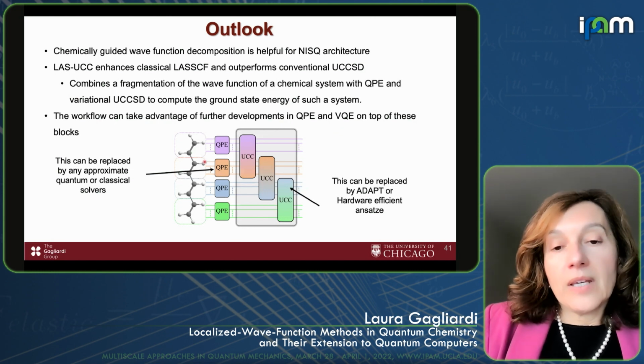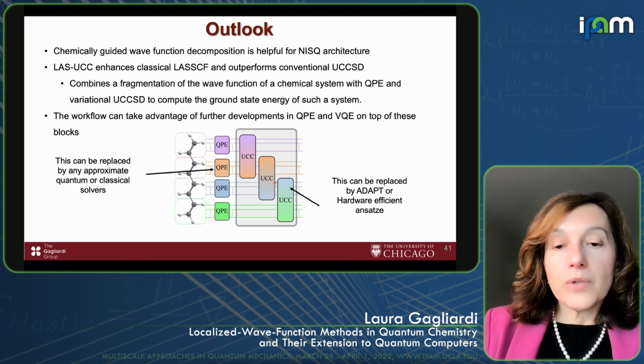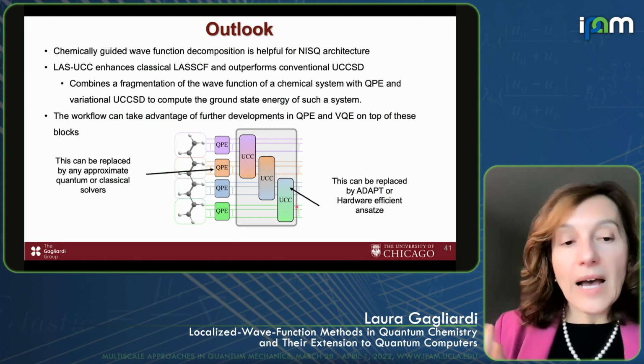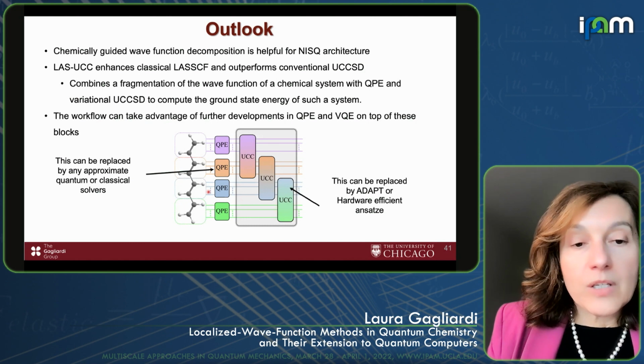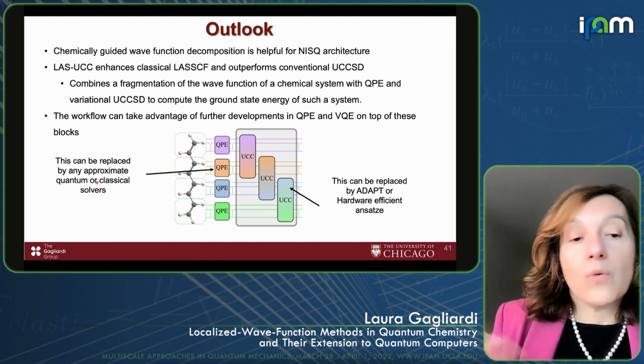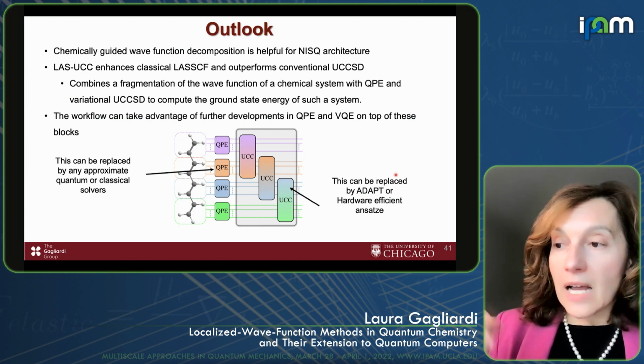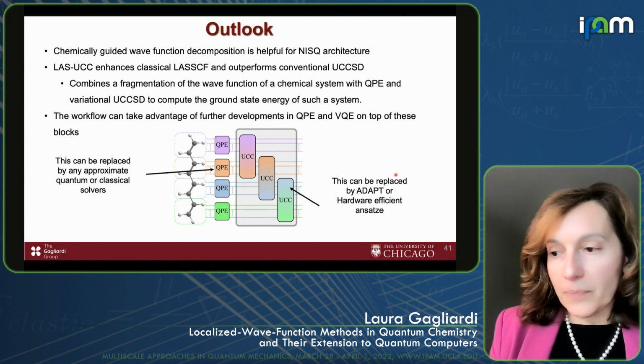Even if, in this first implementation, we use QPE here and VQE in the interfragment part, we can replace them. So QPE can be replaced by another either quantum or classical solver, and UCC by different ansatz. And actually, we are looking into that at the moment.